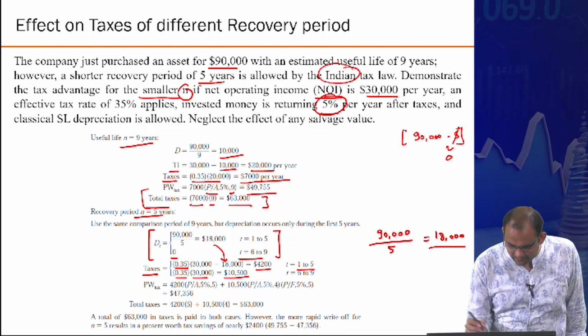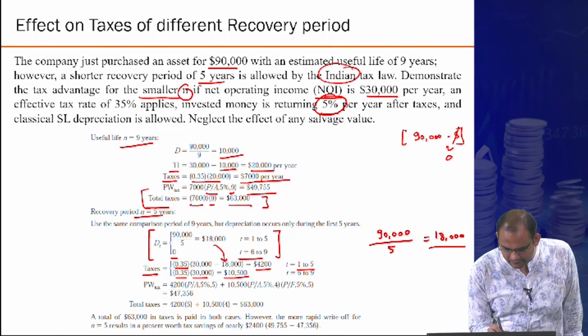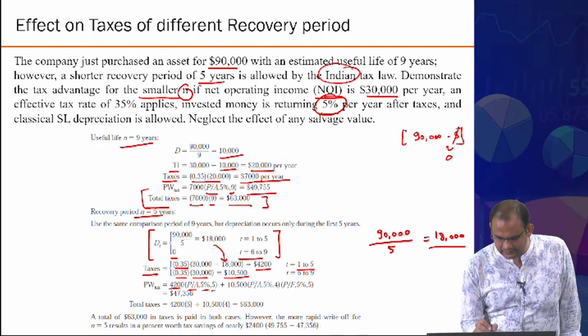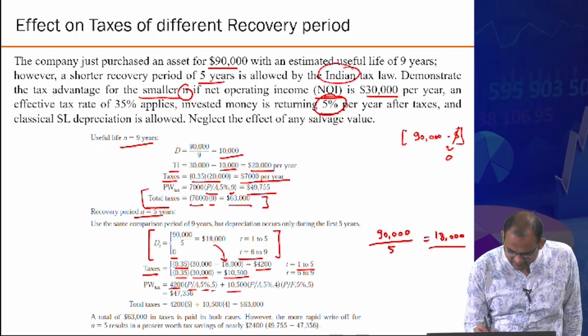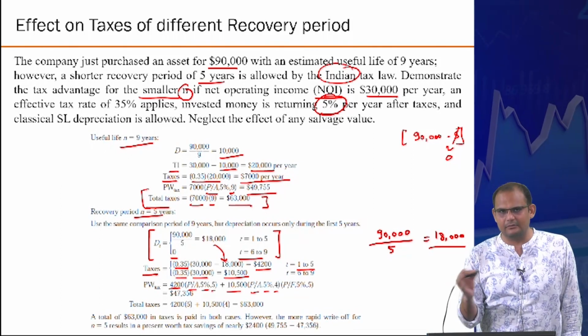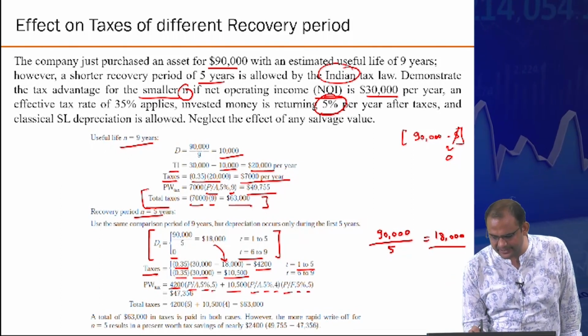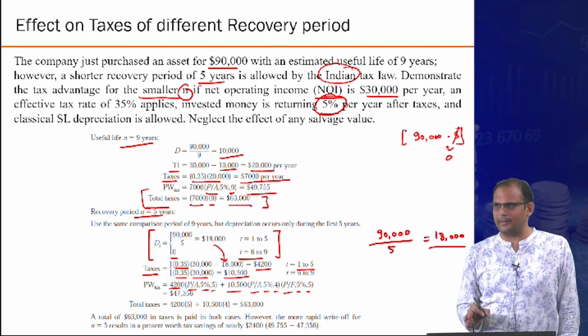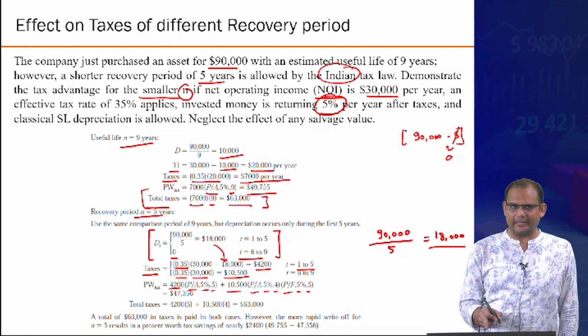Now take the present worth of the total tax: 4,200 P by A, 5%, 5 years, plus 10,500 P by A, 5%, 4 years, adjusted by P by F, 5%, 5 years. Is this calculation fine, or are you not able to understand? I think this is fine.